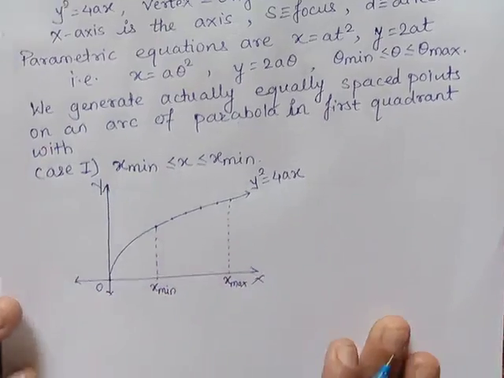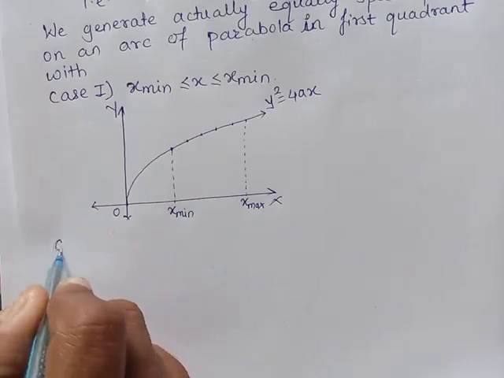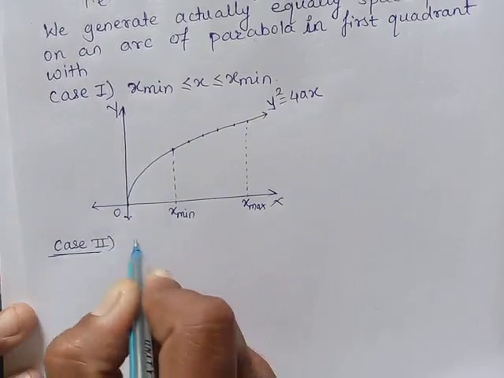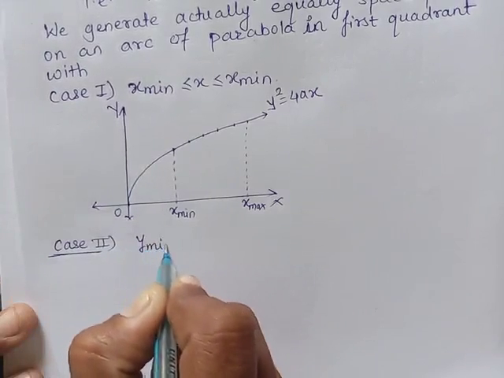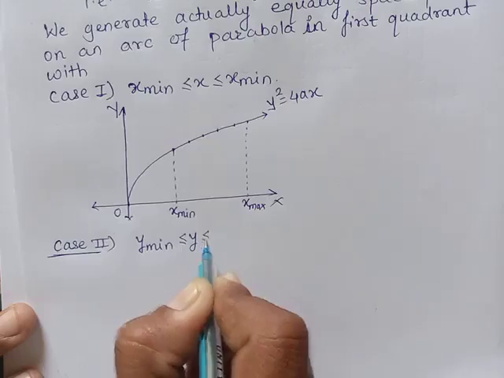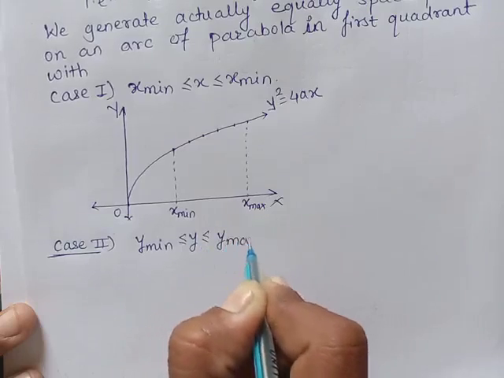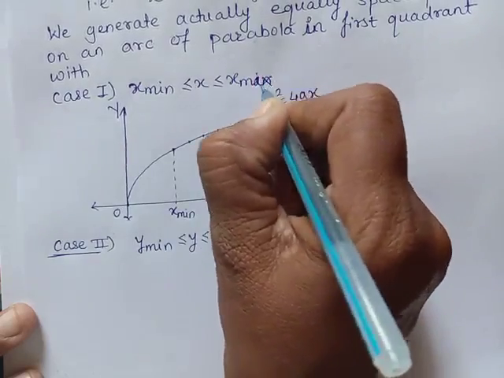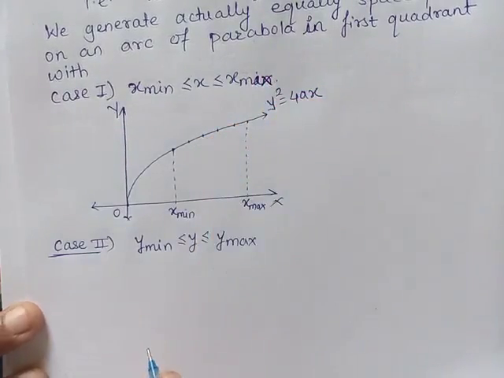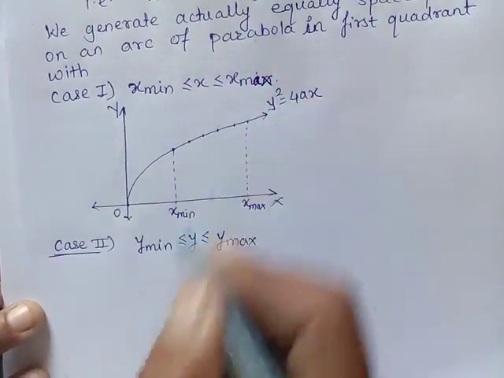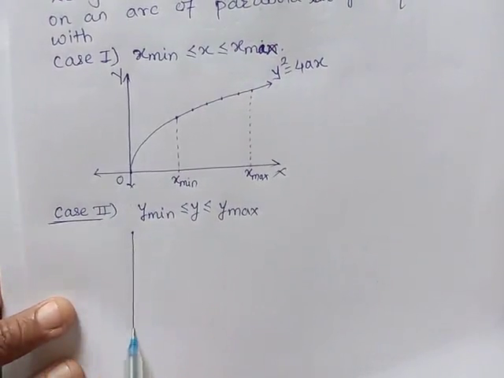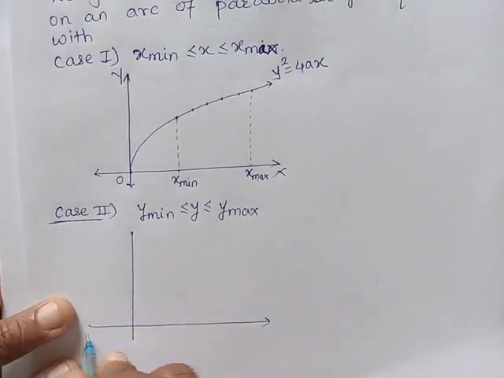And case 2 is about y minimum and y maximum. Here again it is an arc of a parabola in the first quadrant.